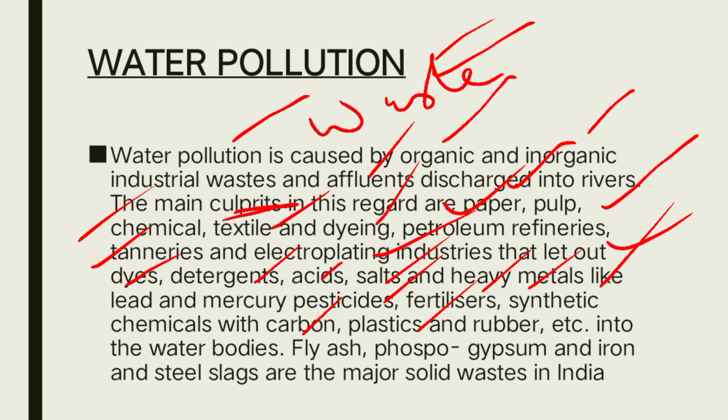Some of them are untreated, they are hot. Even before they are cooled, they are let out into the water bodies. And what will happen to the aquatic animals? They just die. There will not be any life for them.